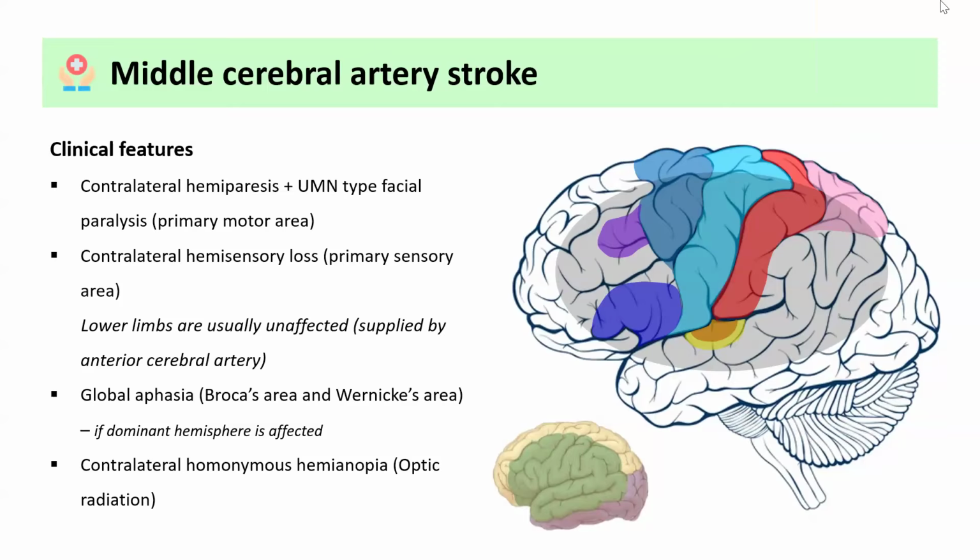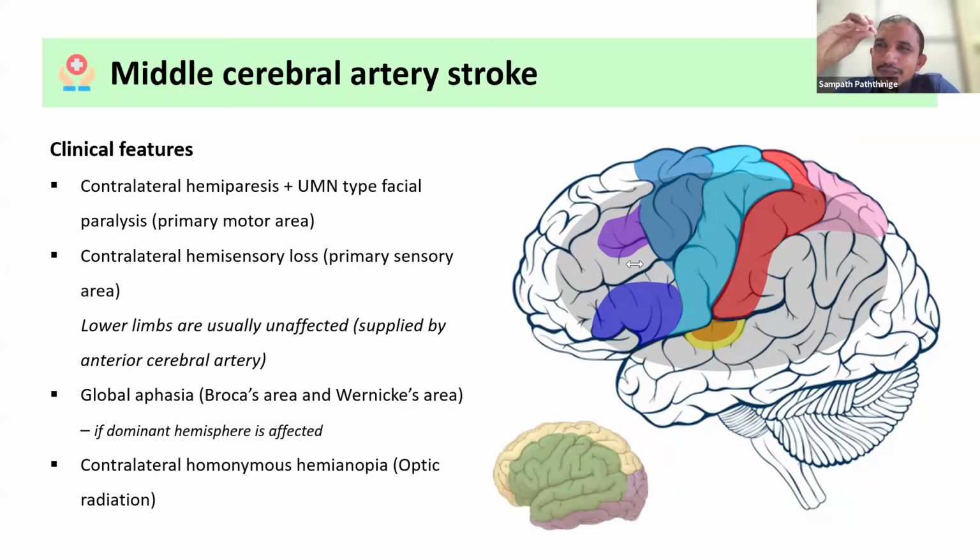A small doubt regarding that. There is a hemianopia as well. Yes. Isn't the inferior branch related with the hemianopia? No, generally the optic radiation goes somewhere deep within the parietal lobe, right? The inferior branch is mainly supplying the upper part of the temporal lobe, right?